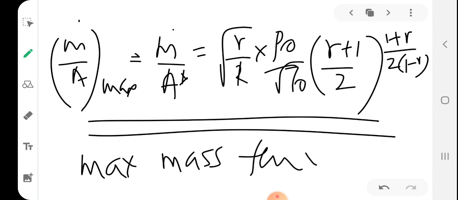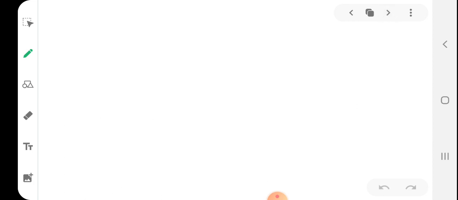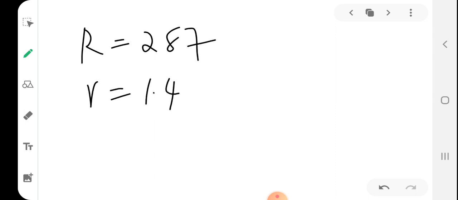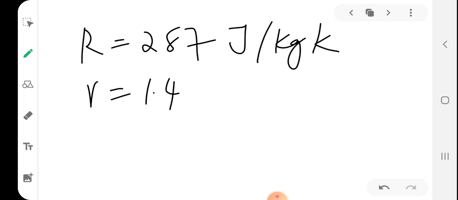If you substitute R equal to 287 joule per kilogram Kelvin and gamma equal to 1.4, so this is our air.